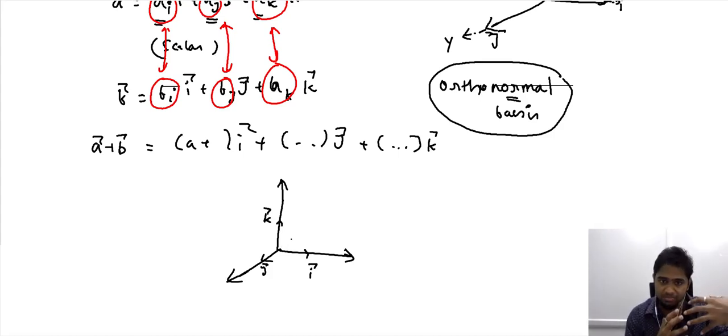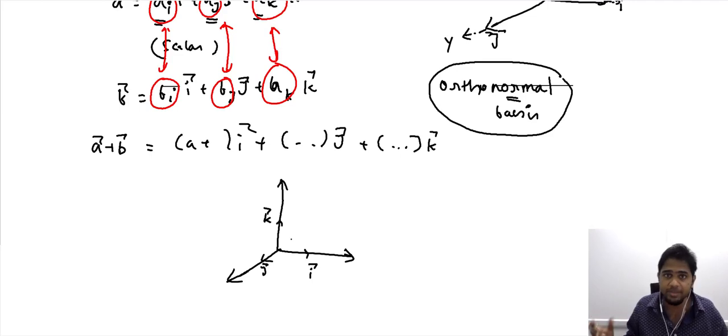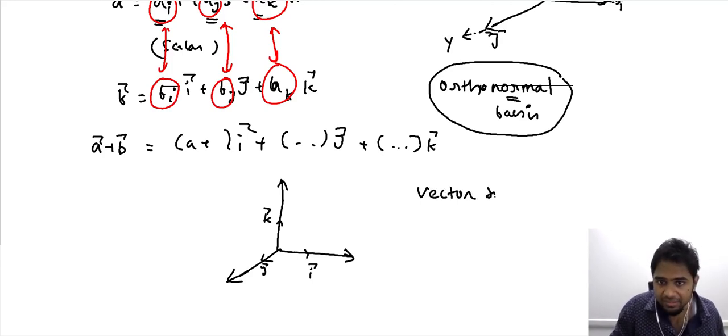Again, since these bases are perpendicular to each other and they are similar to the coordinate system that we use to describe the actual space, when we want to describe the actual space, we need a coordinate system. Since these orthonormal bases can be superimposed and lie over this coordinate system, the space that is created by these unit vectors can be referred to as the vector space.